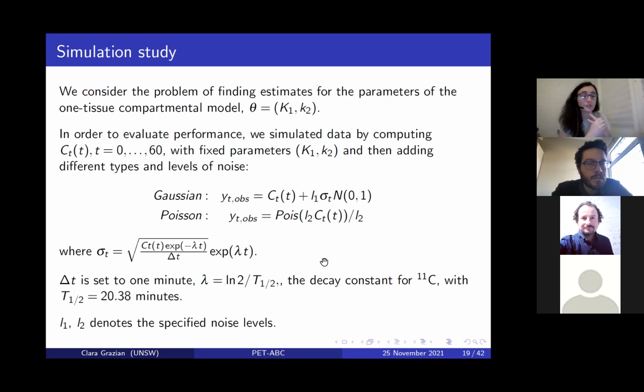We added two types of noise to the time activity curve, which are usually used as assumptions on the type of noise for time activity curves. One is Gaussian and the other one Poisson. We simulated data at 3 different levels of noise.